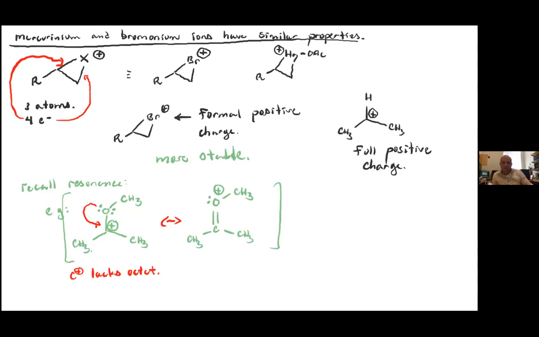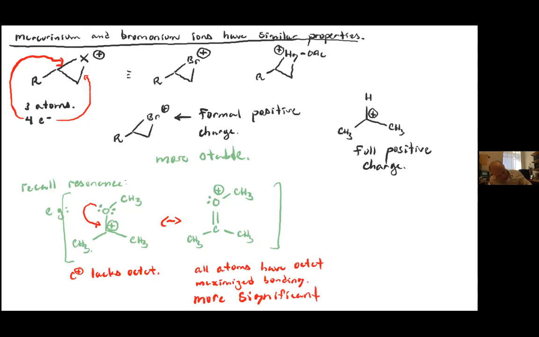In the structure on the right, all the atoms have an octet. This goes hand in hand with the fact that I've maximized the bonding: two bonds between carbon and oxygen on the right, one on the left. So this is the more significant structure, and this one is less significant.